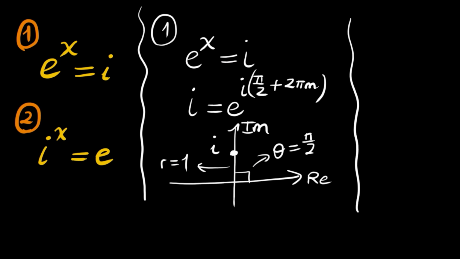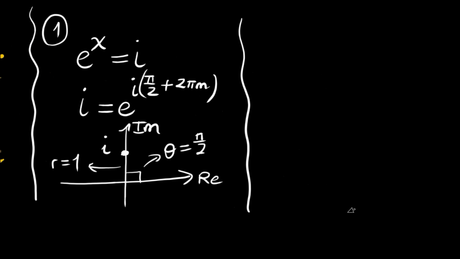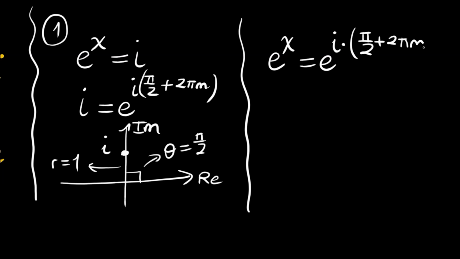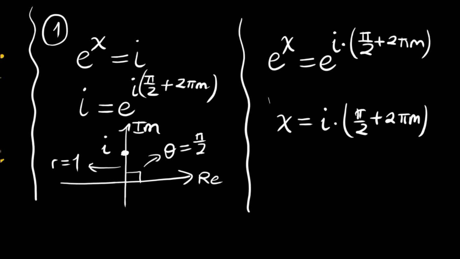So this becomes e to the power of x is equal to e to the power of i times pi over 2 plus 2 pi m, m is some integer. So we can say x is equal to i times pi over 2 plus 2 pi m, m being an integer.